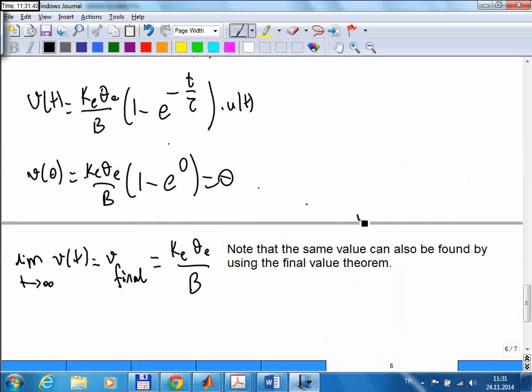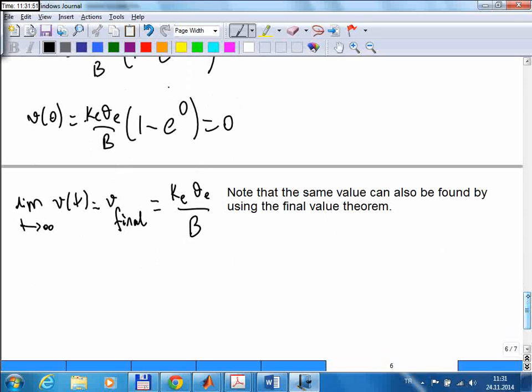At first, the value is 0. And if I wait for sufficiently long time, the speed of the car should reach this value. Okay, but I still don't know what happens in between yet.